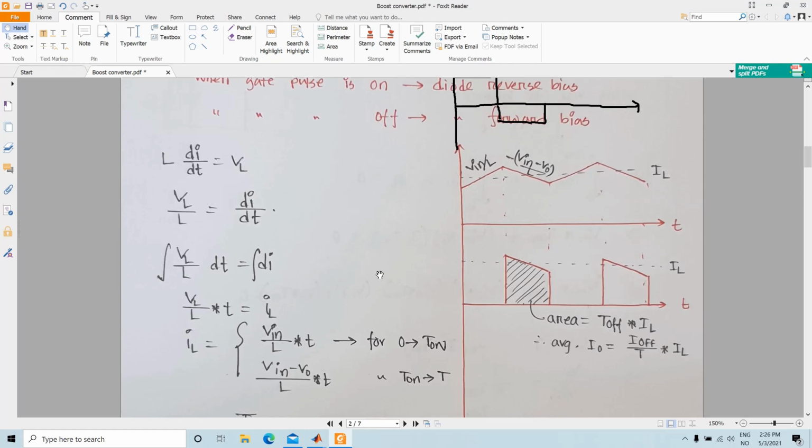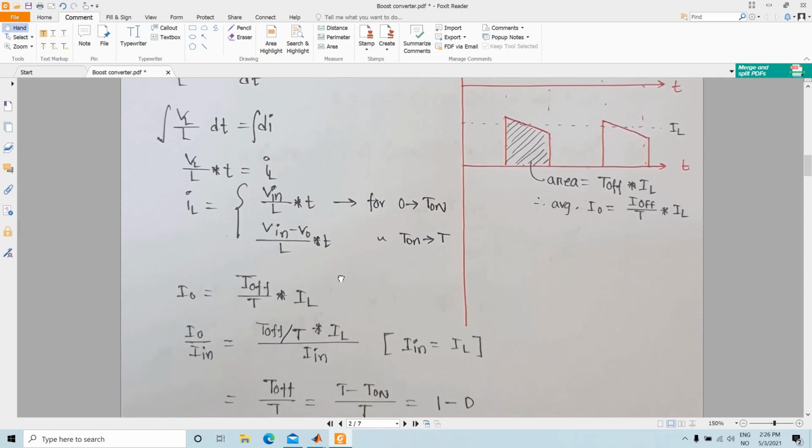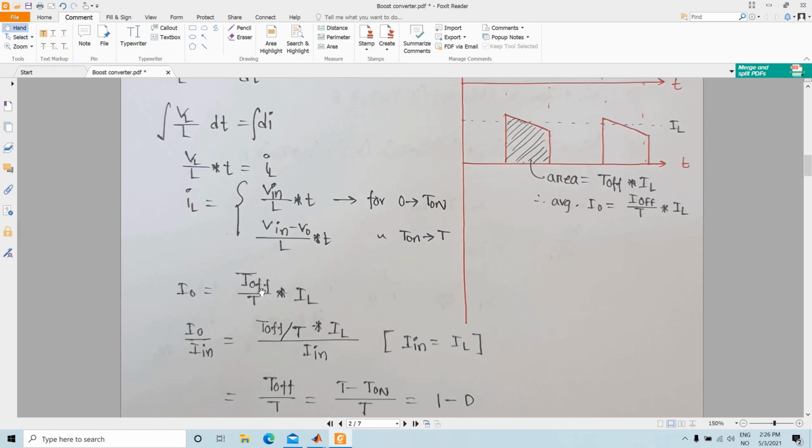Okay, so here it's shown that the output current, I out, is this, and if we manipulate this portion, we divide everything by I in.